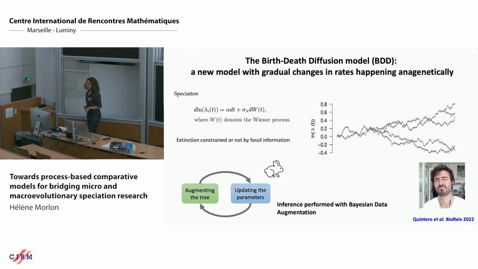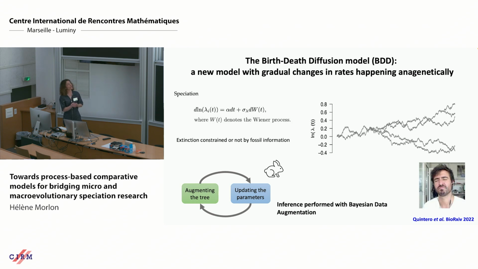So we're pursuing the development of such models with a small variation in speciation rates across a tree. The ClaDS model is a model where the rates change at speciation events, and now we developed a model, thanks to this data augmentation technique, which allowed us to treat a model that was not possible to treat before by direct likelihood computation.